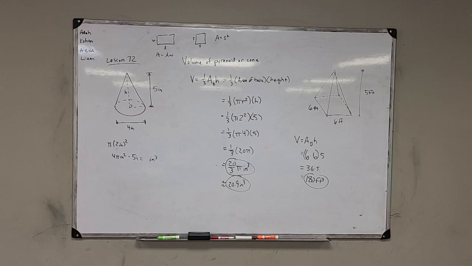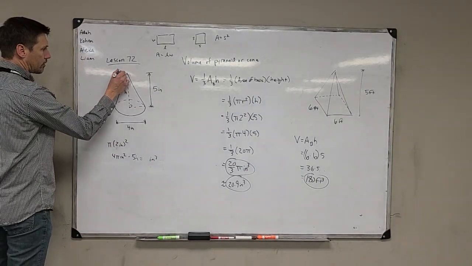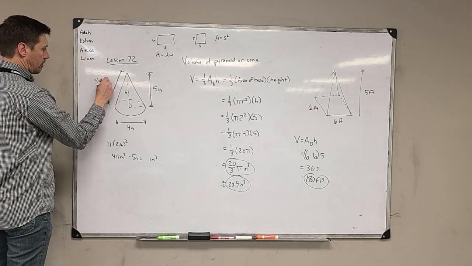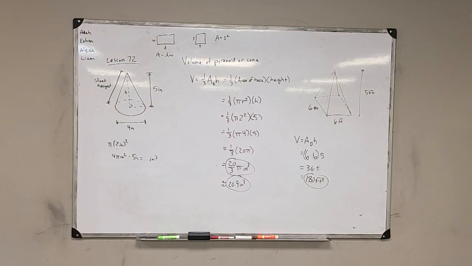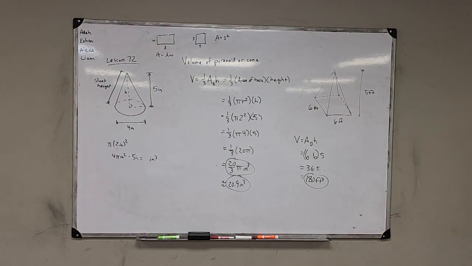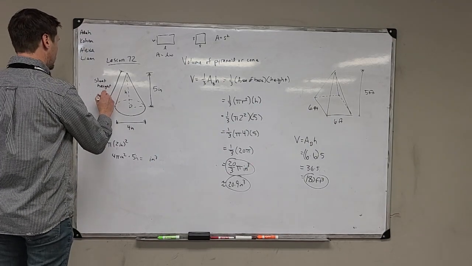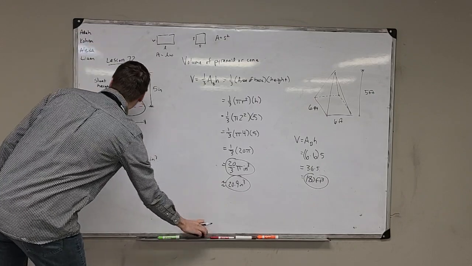And the slant height is this distance right here. Okay? And with slant height, we use the letter, just because we want to be confusing, we're going to use the cursive letter L, which is exactly what I used over here for the length of the rectangle.